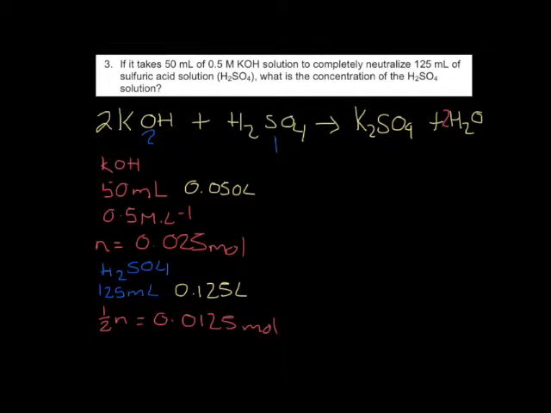And now I've got to work out the concentration. I've got n on V, so number of moles divided by the volume, so I'm going to do that now. And that gives me a concentration of 0.1 moles per litre.